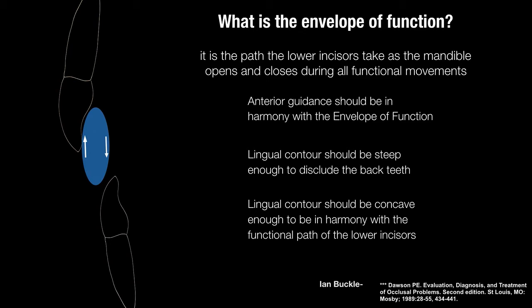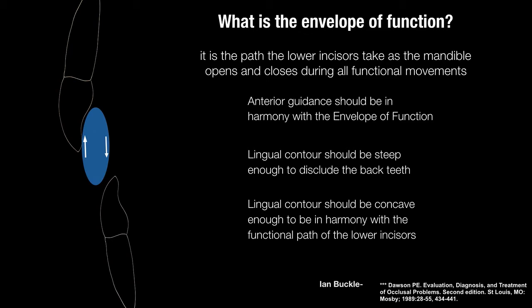Envelope of function has to be credited, of course, to the great Pete Dawson, who came up with this concept, and ultimately it's described as the pathway the lower incisors will take as they move through their functional movements, and your tooth anatomy should be in harmony with the envelope of function. The overjet is very, very important.